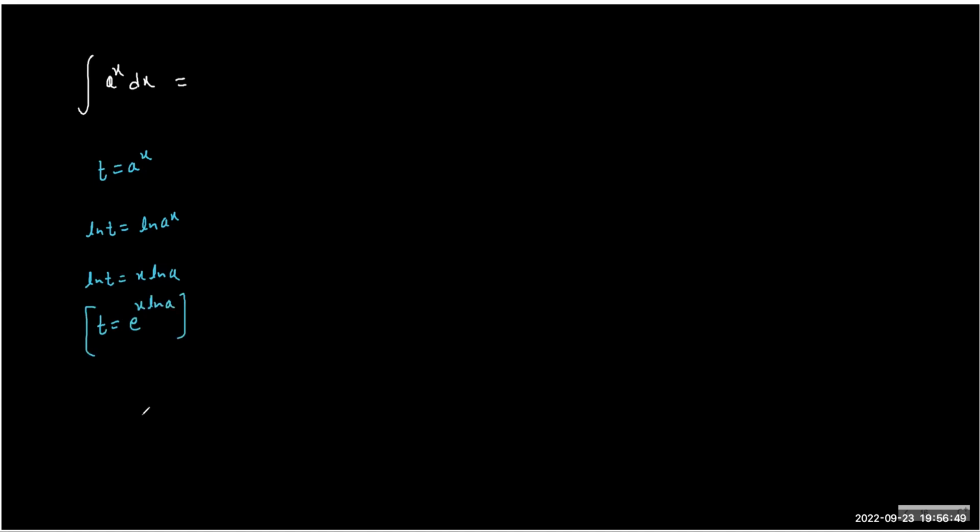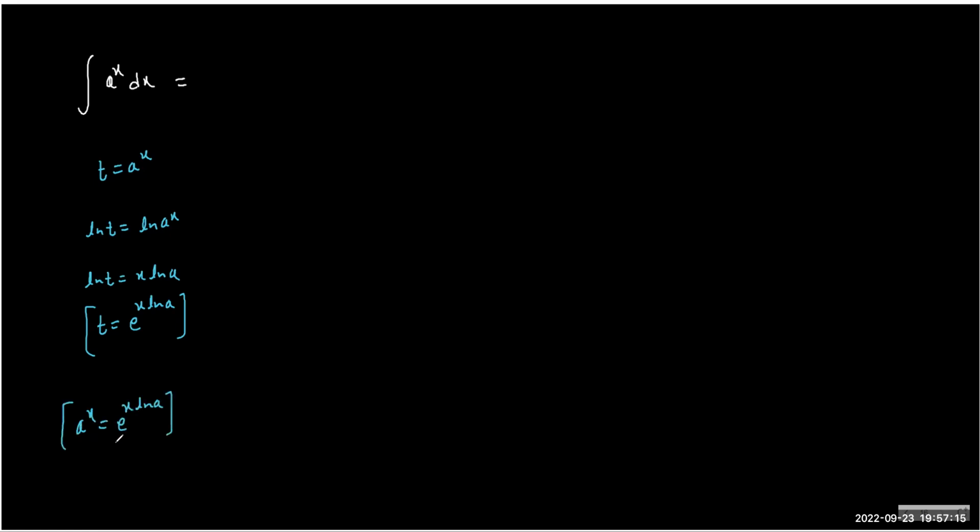I hope you remember this. We have discussed this in the differentiation. So any base which is not exponential, we can take e power x and multiply the ln of the new base. So a power x can be written as e power x ln a.